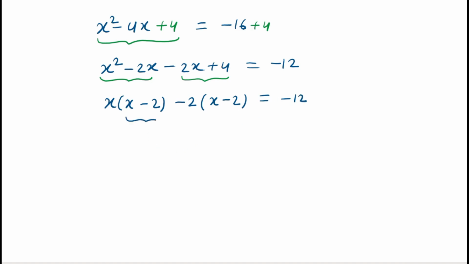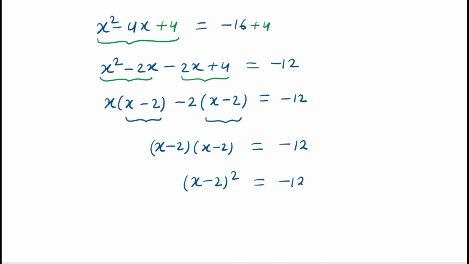Here we have x minus 2 in both, so if we take common x minus 2, we get (x minus 2) times (x minus 2) equals minus 12. Now x minus 2 times x minus 2 is x minus 2 whole squared, and this equals minus 12.